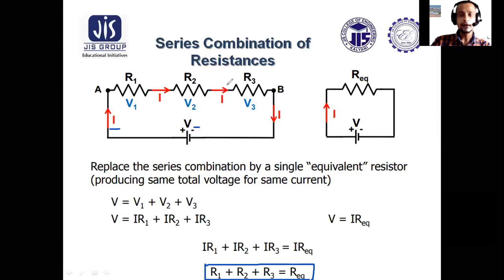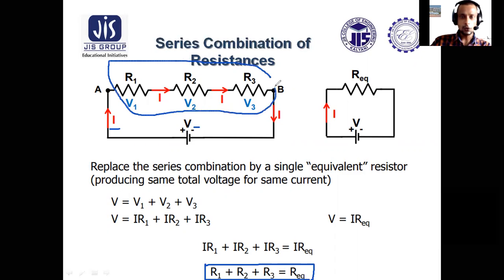What should be total resistance of the circuit? So if three resistors are connected in series, what would be total resistance? Three resistances connected in series can be represented by a single resistance, which is known as equivalent resistance. So in series connection, equivalent resistance will become addition of individual resistances, R1 plus R2 plus R3.